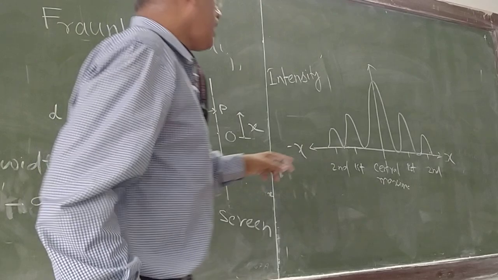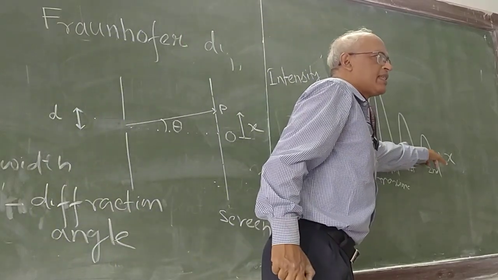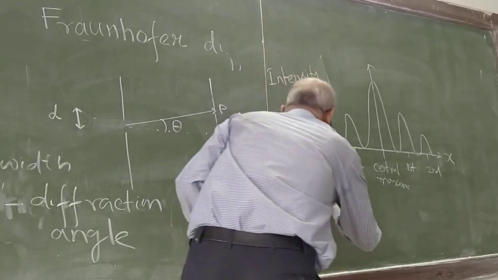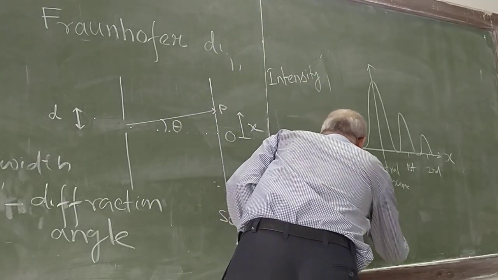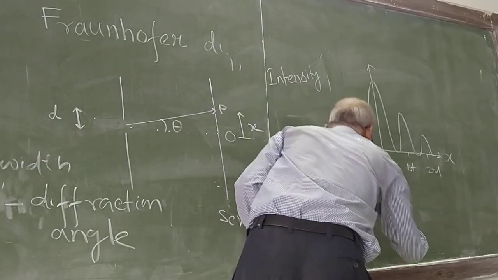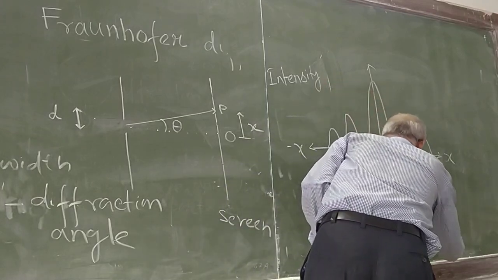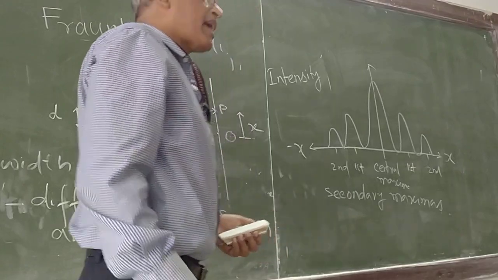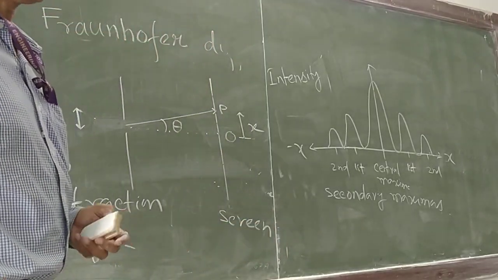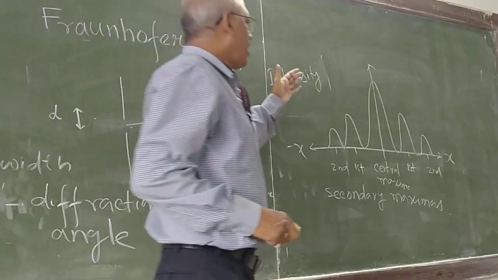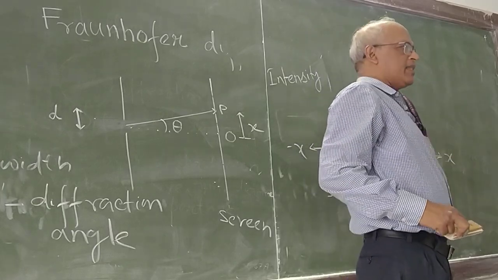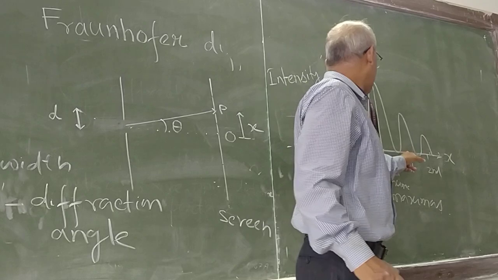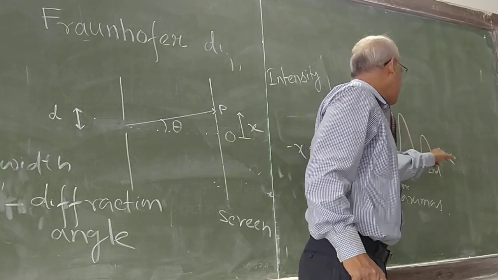These maxima are called secondary maxima. So we get a central maxima and secondary maxima. The central maxima has the highest intensity. Their intensity keeps decreasing, falling symmetrically in the first order, second order, third order, fourth order.